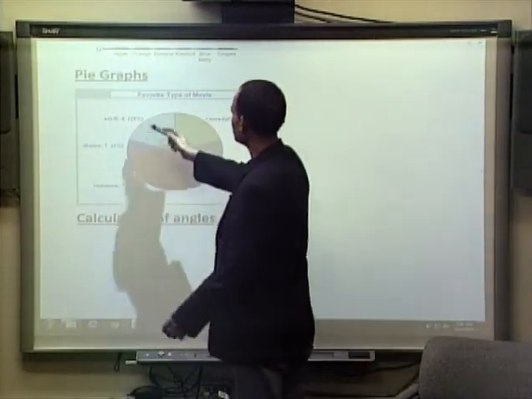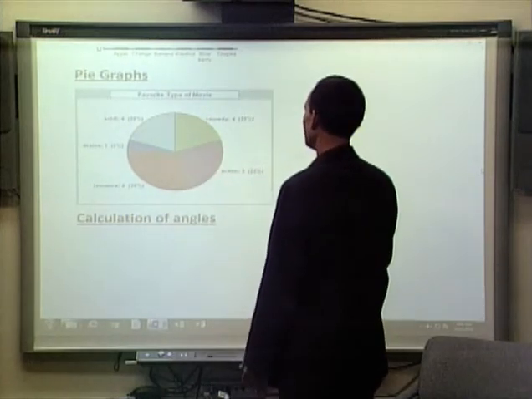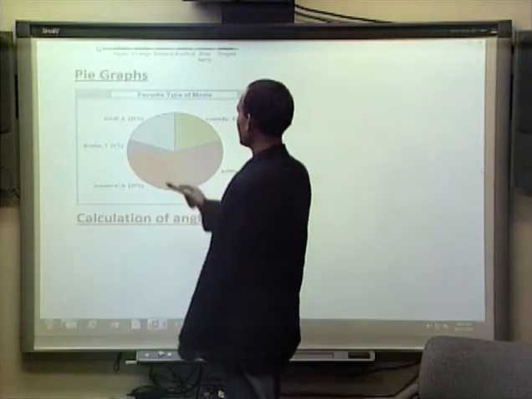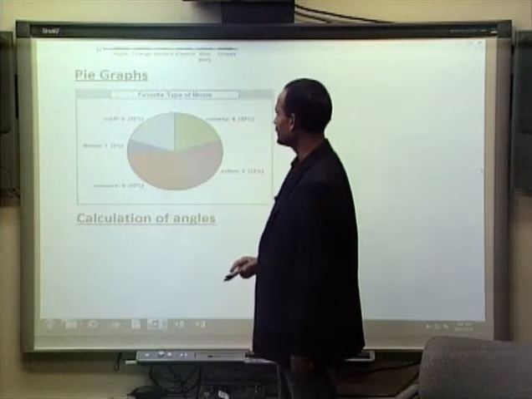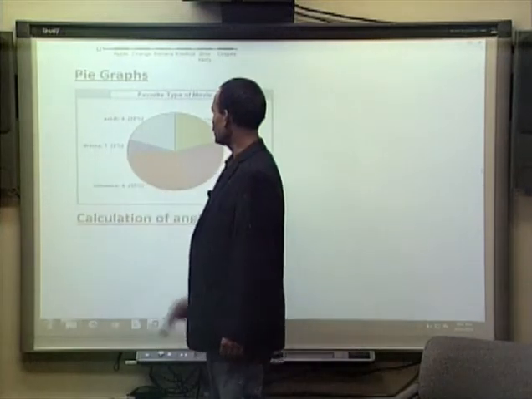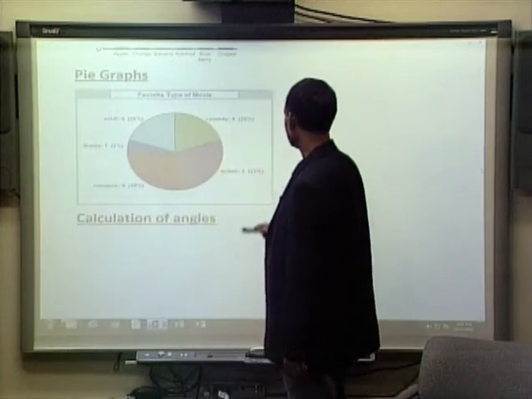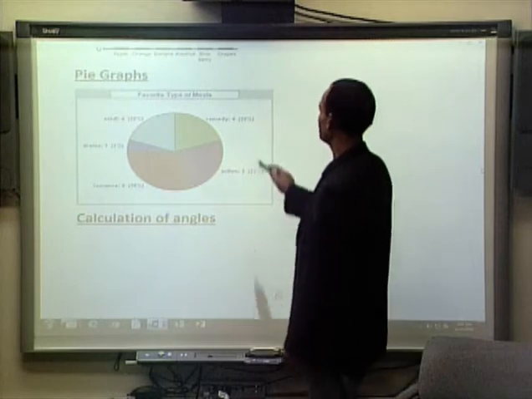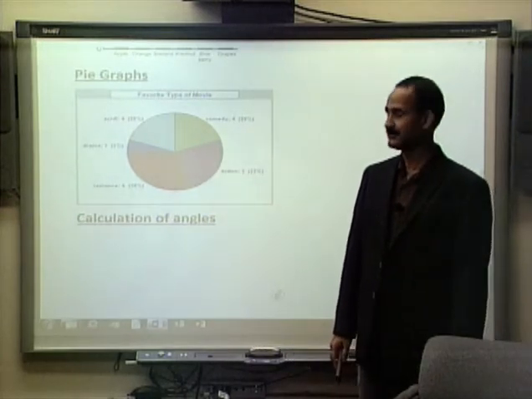Right now here is a pie graph, and this pie graph is about what kind of movie you like, and there were 4 people who said they liked science fiction. There was one person who said they like drama, 6 of them said they like romance, 5 of them said they like action movies, and 4 of them said they like comedy.